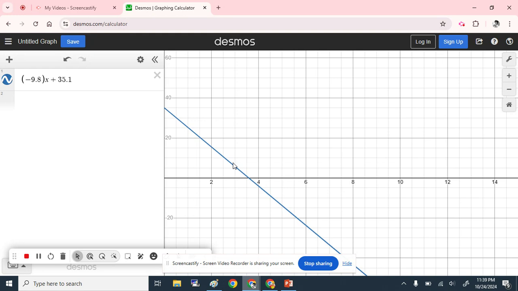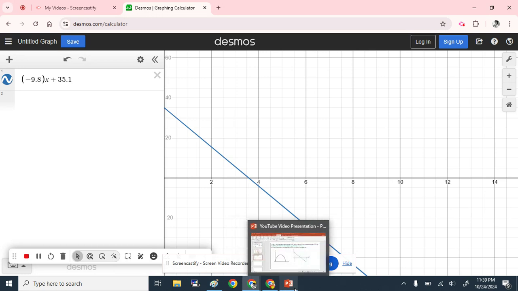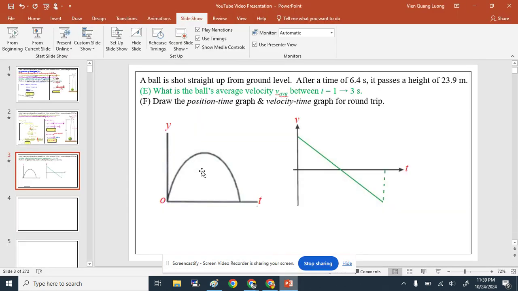Acceleration due to gravity is negative 9.8, so I need a negative slope based on the shape, and if you actually calculate the values using numbers on the graph, you'll get negative 9.8. So that's why the shape looks the way it does. Okay, so therefore I should prove to you that y of t and v of t are these two shapes.